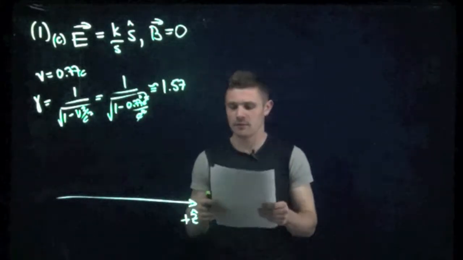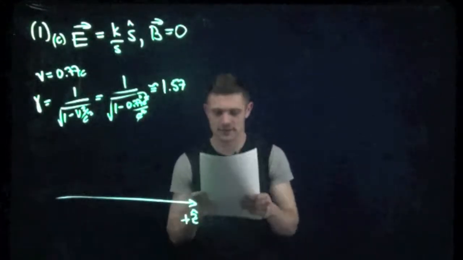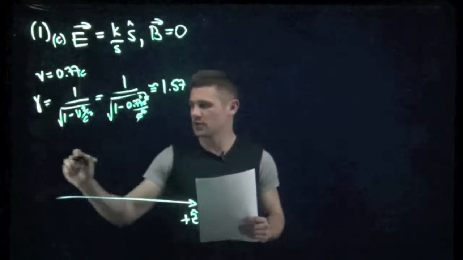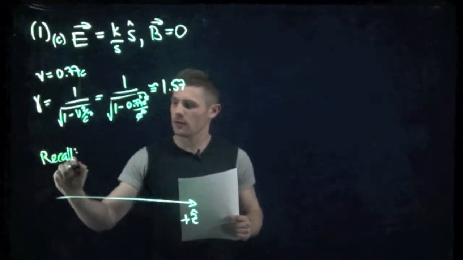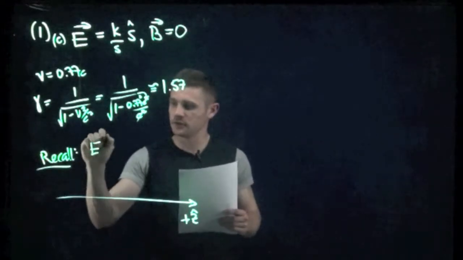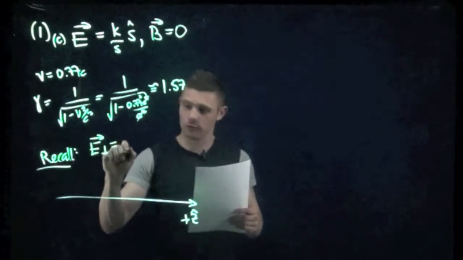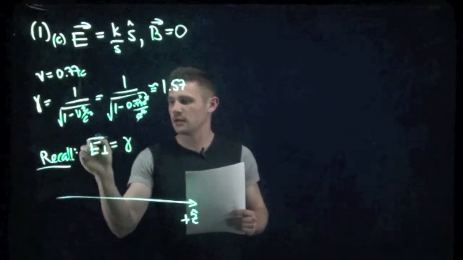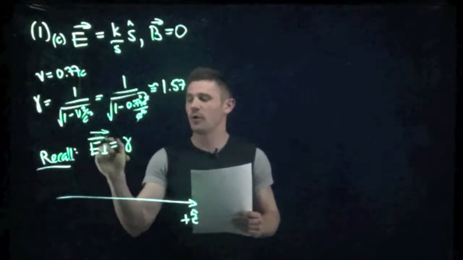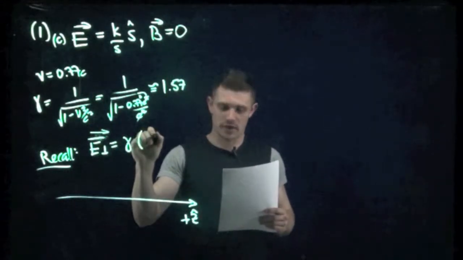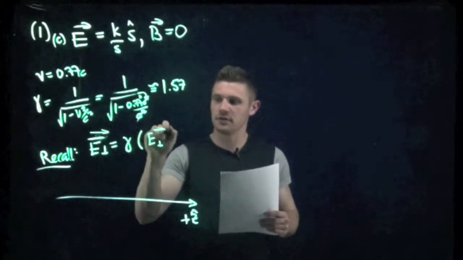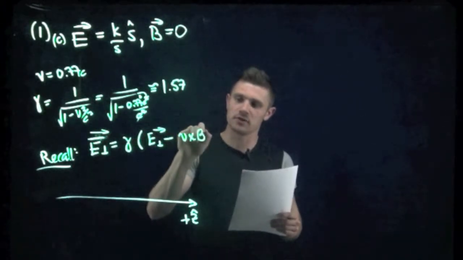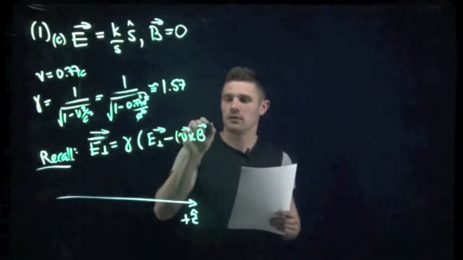So the reason we want to use gamma is because we can recall that relativity affects the perpendicular components of both E and B. So we recall that the electric field, the perpendicular component, and this formula is on your formula sheet, the electric field component from the moving observer, so we put a bar over top of the electric field, is given by gamma multiplied by the electric field of the not moving reference frame minus the velocity at which they're moving crossed with the magnetic field.